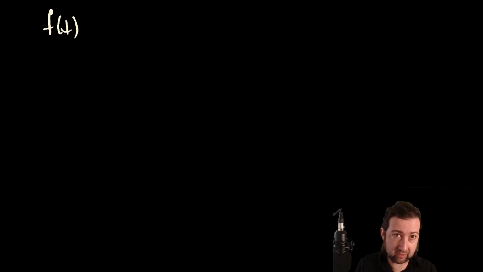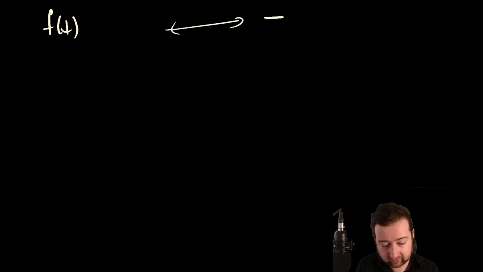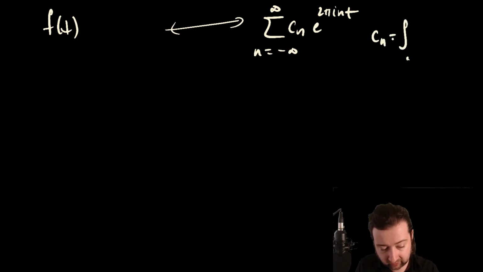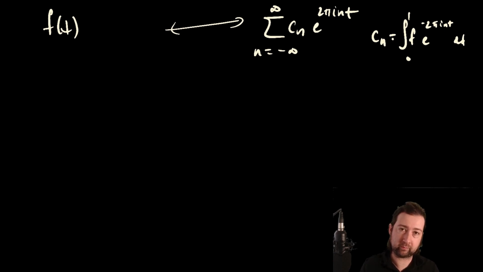Suppose that we had an f of t, which is some function, and we used it to generate something formally that looks like an infinite Fourier series. So over here, we have the sum from little n equal to minus infinity to infinity of Cn e to the 2 pi i n t, where we've used the formula Cn is the integral of f e to the minus 2 pi i n t dt to generate the coefficients.